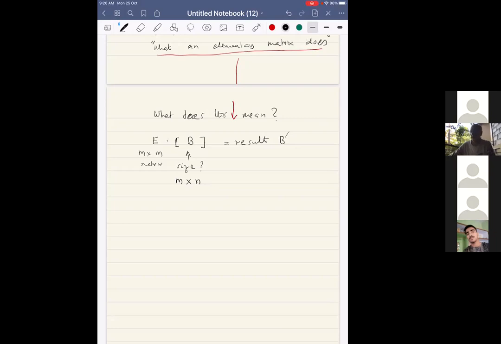So I'm now going to describe the three types of elementary matrices, and then in each case, tell you what happens when I multiply an m cross 1 matrix with E on the left. There is another name for an m cross 1 matrix. What is that? Column vector.